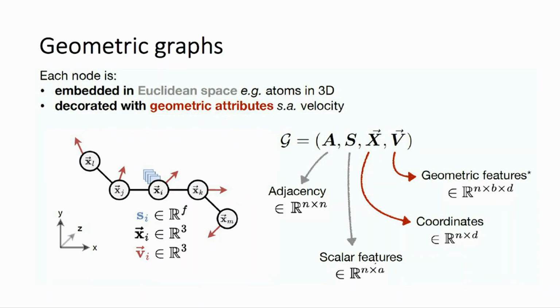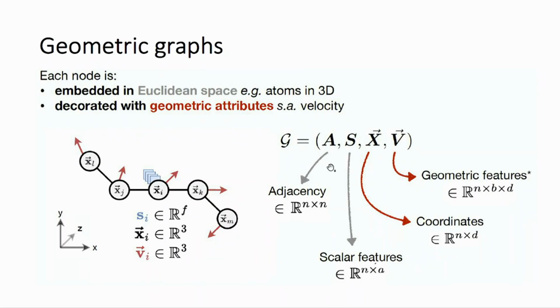Even though it's a specific type of graph, a lot more attention can be paid to designing algorithms that learn over these geometric graphs. Particularly, what differentiates a geometric graph from a normal graph is the notion of geometry, which can be thought of as attributes that are derived from a 3D coordinate system.